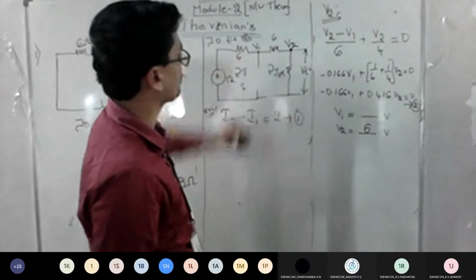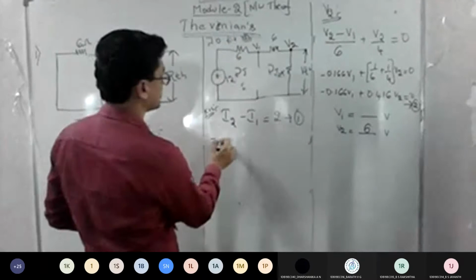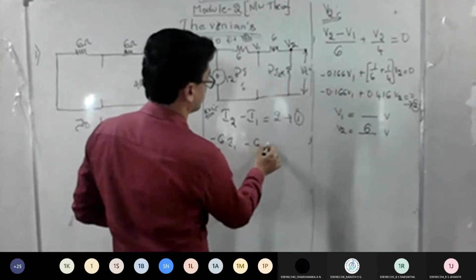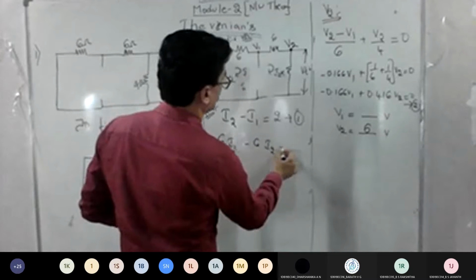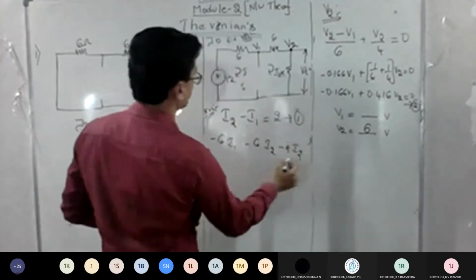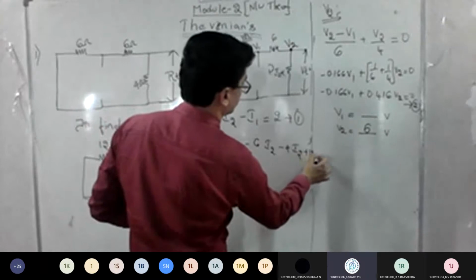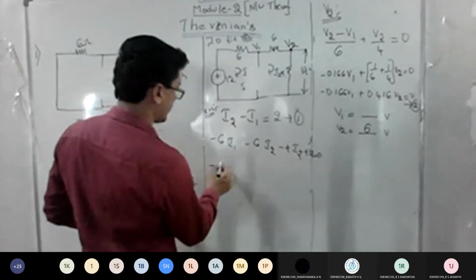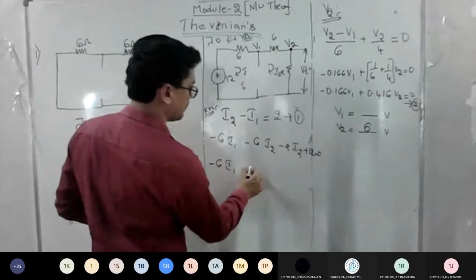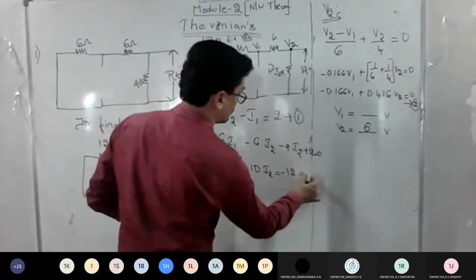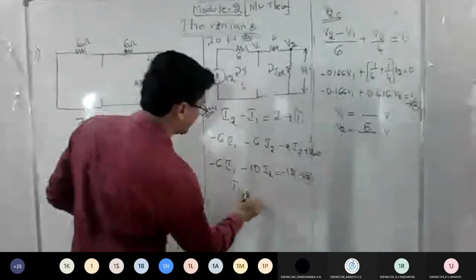So apply the logic: minus 6 I1, minus 6 I2, minus 4 I2, plus 12 equal to 0. Correct? Yes, sir. So minus 6 I1, minus 10 I2 equals minus 12. This is equation number 2. So solve 1 and 2 and tell me what is I1, I2?